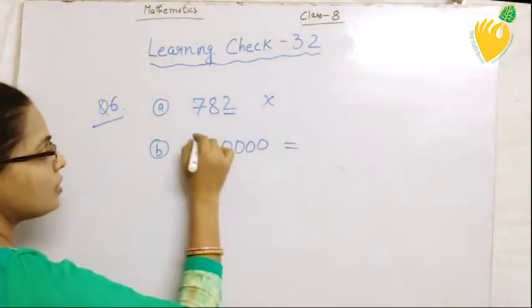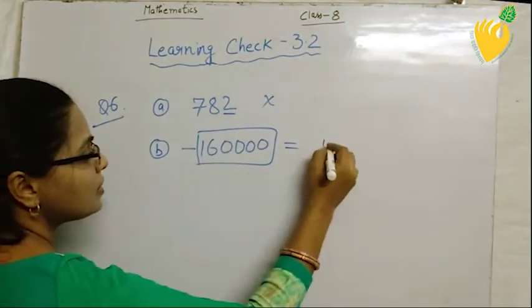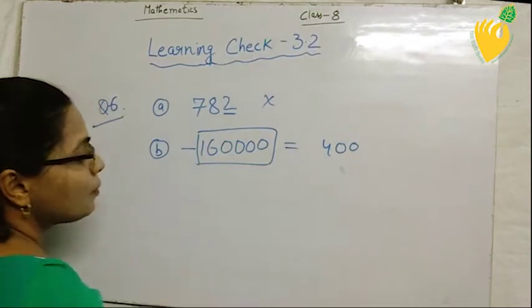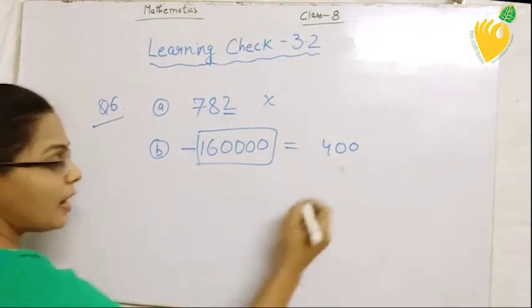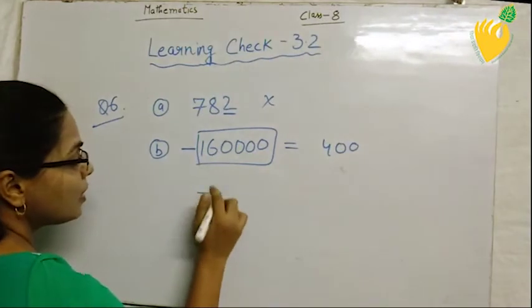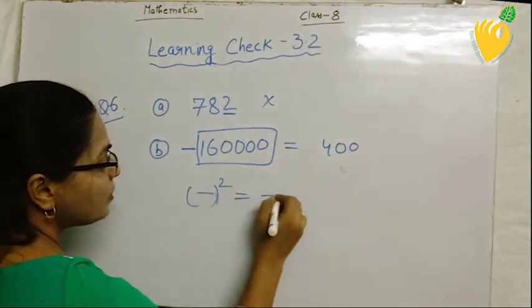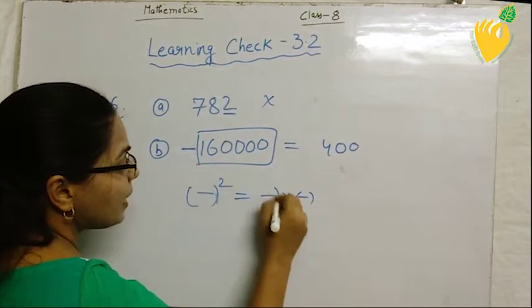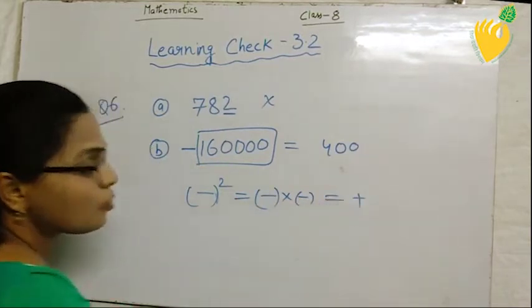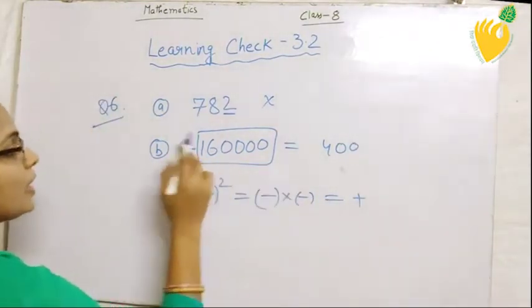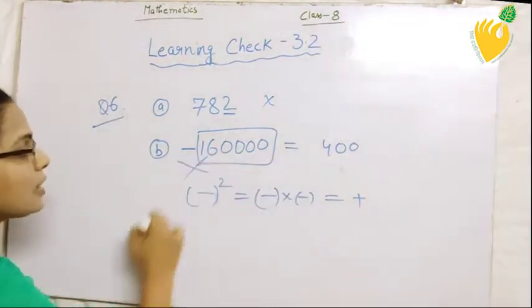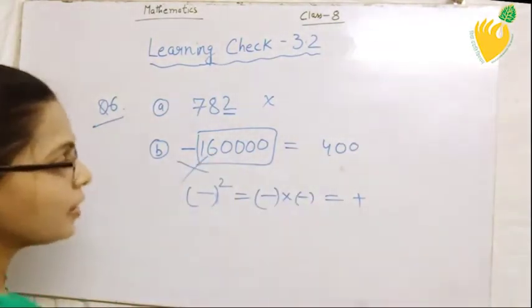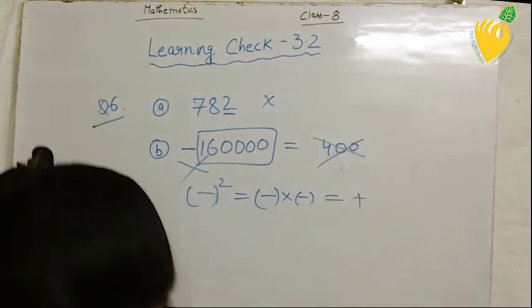If we see only this part, then this is the square of 400, but a minus sign is there, and if we square a number, the minus sign multiplied by minus is always plus. So a negative number can never be a perfect square. So this is again not a perfect square.